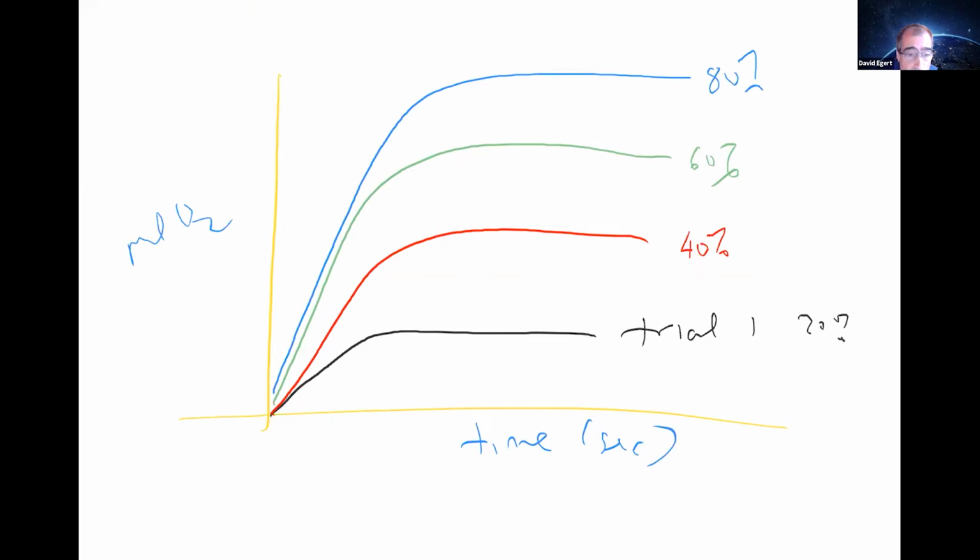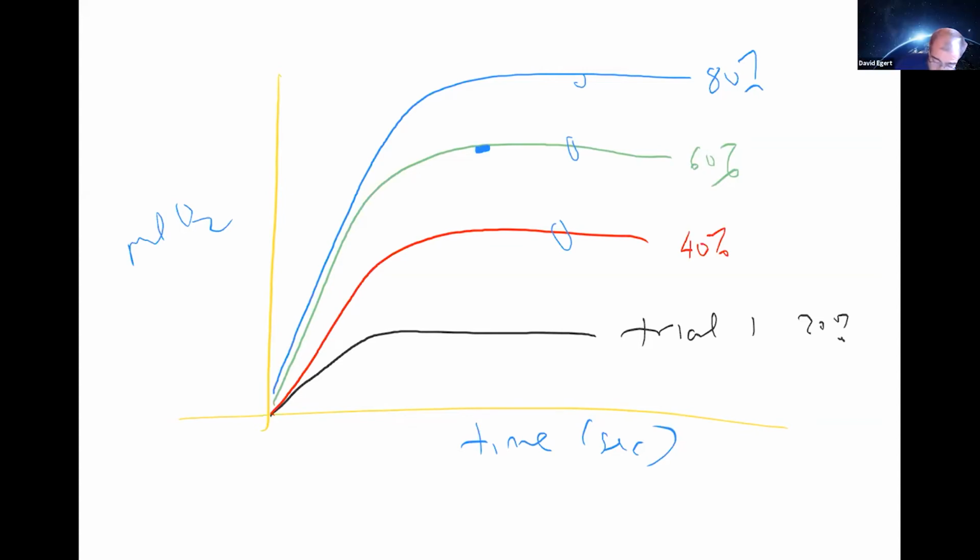On this graph, what does it mean when the graphs become flat? Total saturation, like of the enzymes, right? They're all being used up. Right, so you can't see saturation on a graph like this. The reaction is not just slowed down.